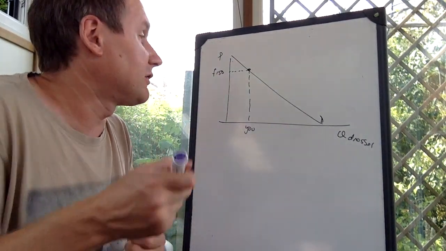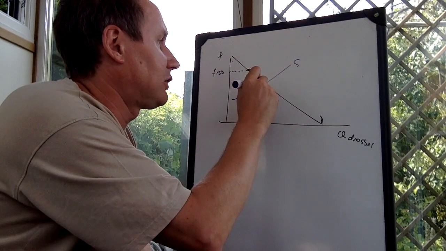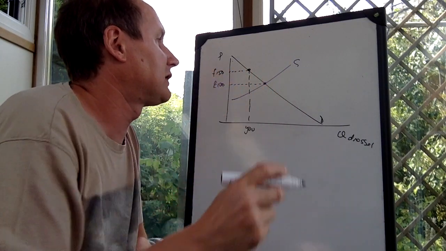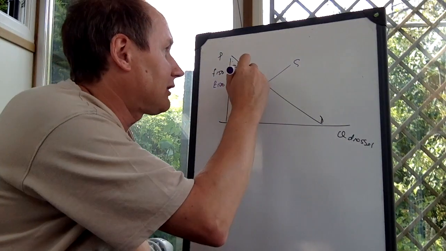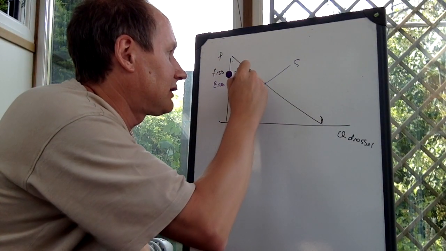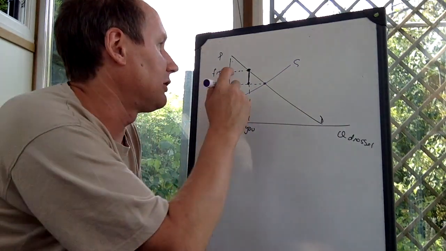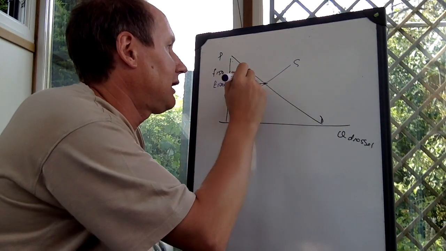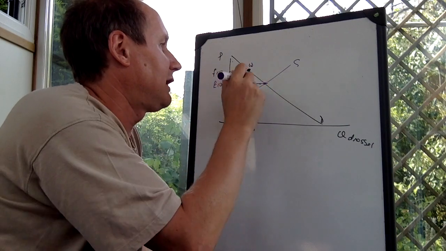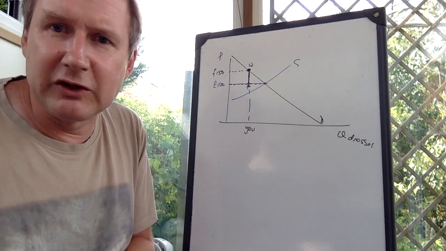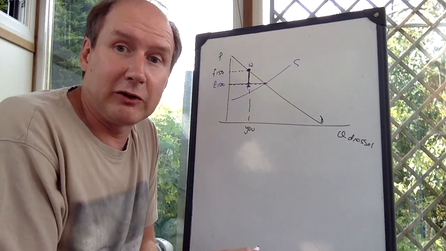But the conditions of supply meant that actually the equilibrium price was £100. And that distance there is your £50 of consumer surplus. So the difference between what you'd be willing to pay, W, and the price, P.